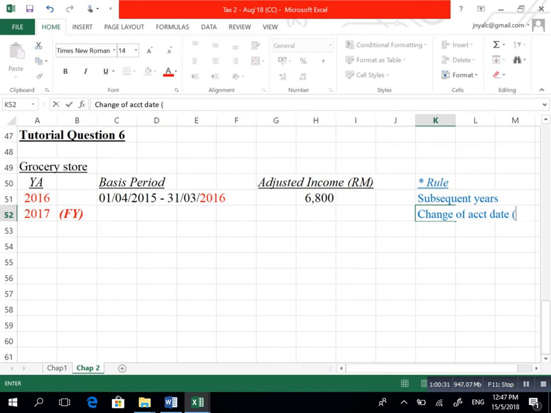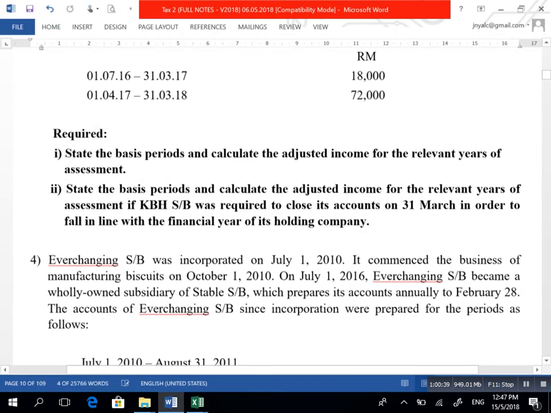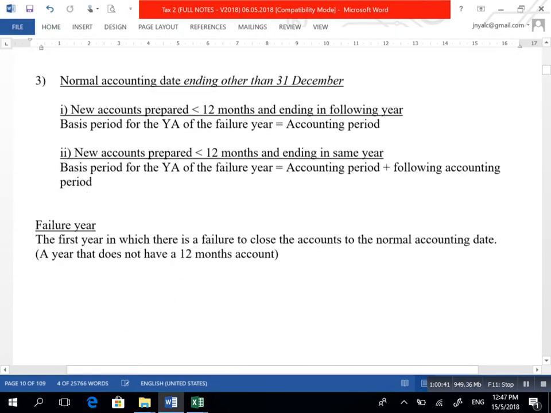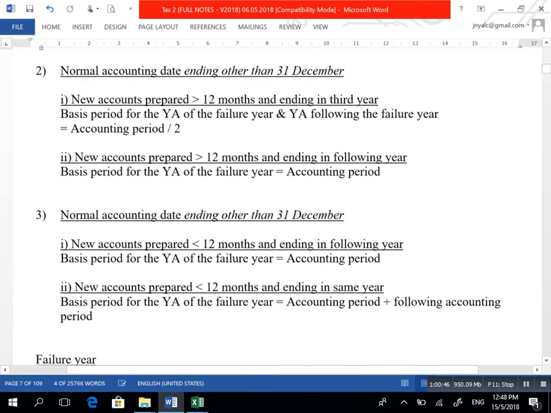Subcategory? Ending in the same year or ending in the following year? Look at your question again. Okay, actually class. Now here, is it the year you change already? So this is only 3 months account, correct? So less than 12 months.